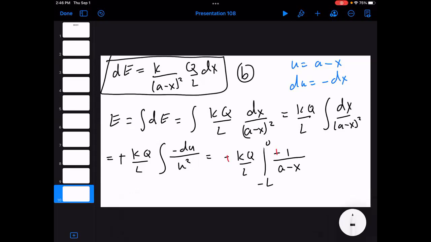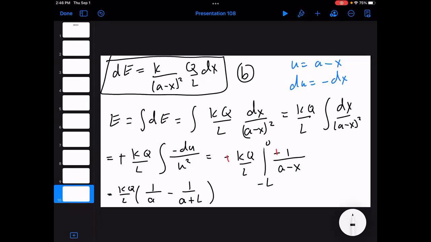And we have KQ over L, 1 over A minus 1 over A plus L. I think that's right. Okay, good.